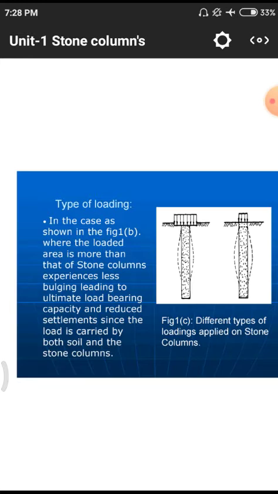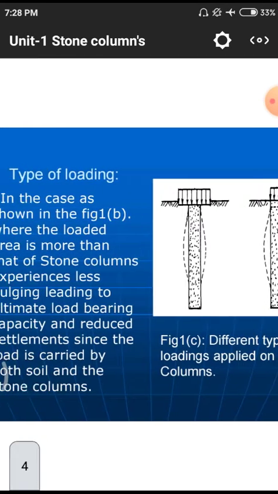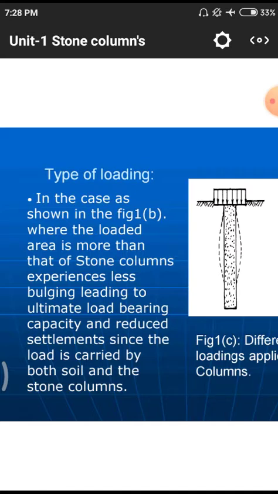That means if there is a huge amount of load, some quantity of load is transferred into the stone column and the remainder is transferred into the surrounding soil, so there may be less buckling.